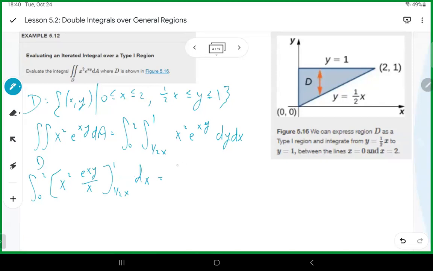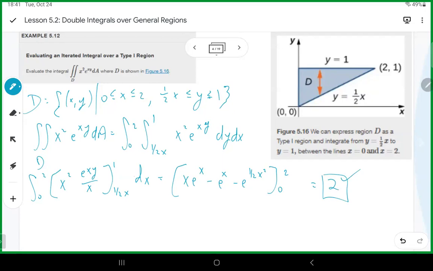So if you do that integration, you get, which if you plug everything in, you just end up with 2.